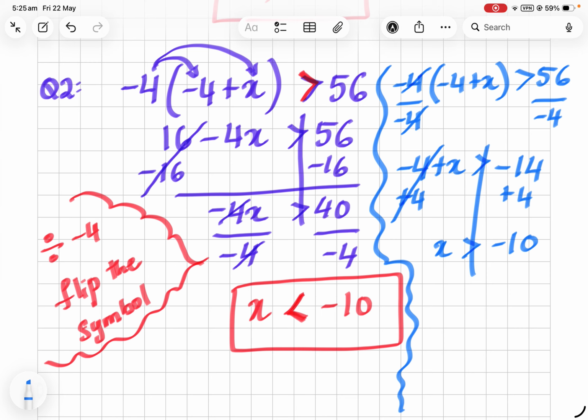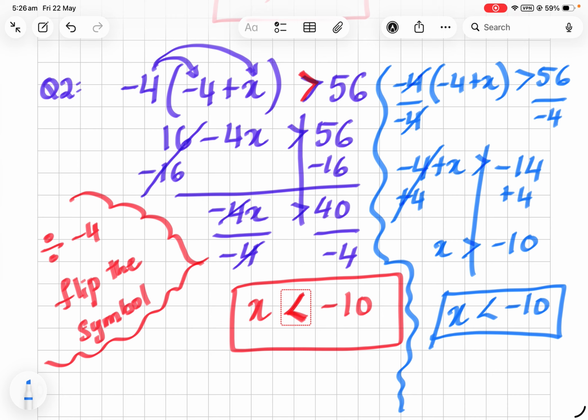But initially, when I divided by the negative sign, I had to flip my symbol. This is another shortcut you can use rather than expanding the brackets. When you are dividing by a negative number, you could flip the symbol straight away.